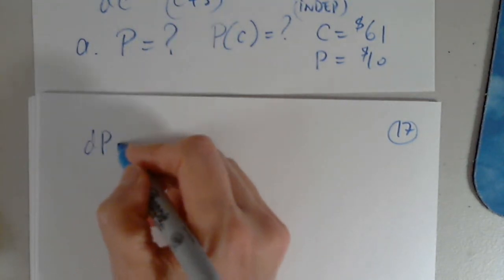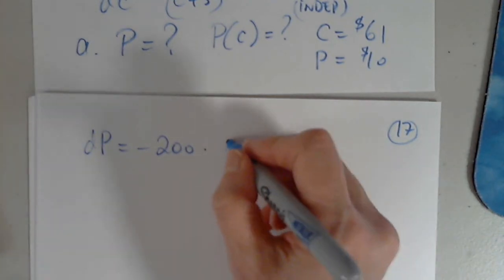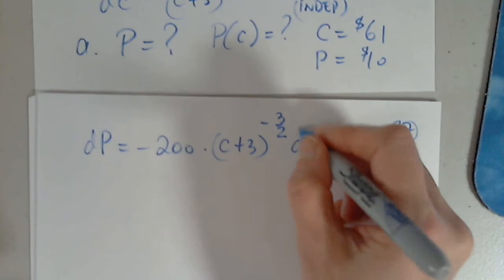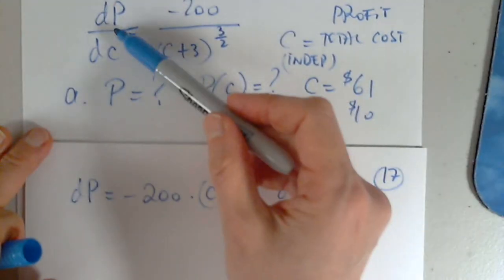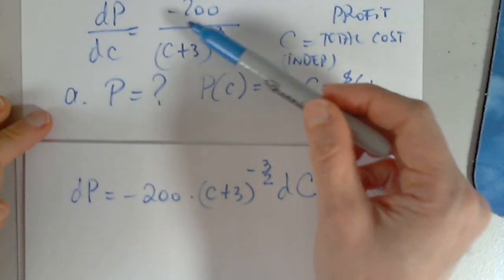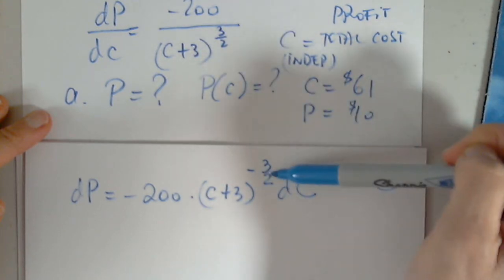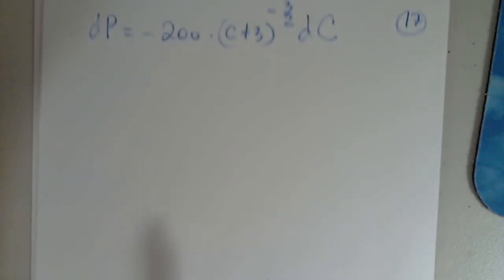So dP equals negative 200 times C plus 3 to negative 3 halves dC. So I separated the variables. dP is alone on one side. After I cross multiplied, I got negative 200 times C plus 3 raised to negative 3 halves times dC. And now I'm ready to integrate.